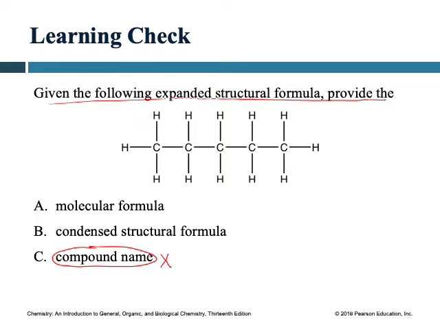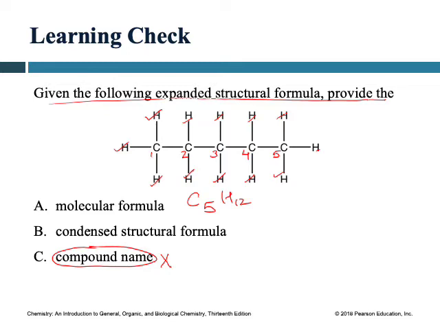How many carbons do you have? 1, 2, 3, 4, 5. So we know we have 5 carbons. How many hydrogens do we have? 1, 2, 3, 4, 5, 6, 7, 8, 9, 10, 11, 12. So we have 12. So C5H12. How can we write the condensed structural formula? Can I write this?